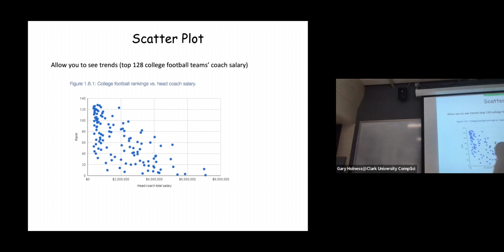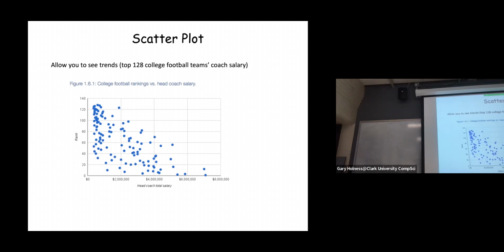Now, one of the things you can see, if we take an individual data point, okay, if you're ranked around 20, the salary looks like maybe close to $1 million a year. But you notice if your rank is 1, your salary is way out there, $6 or $8 million.